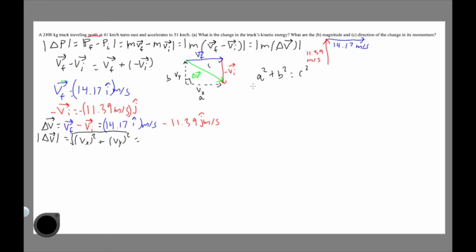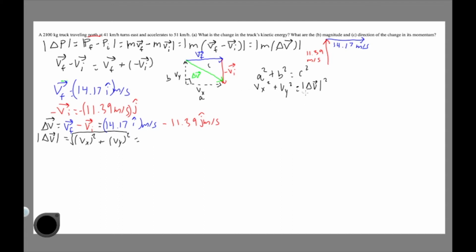So in this case, since a equals Vx, we can say Vx squared, and since Vy equals b, we can say Vy squared. And since c is going to be our hypotenuse, or rather the length of delta V, we can say that delta V squared is going to be equal to c squared.